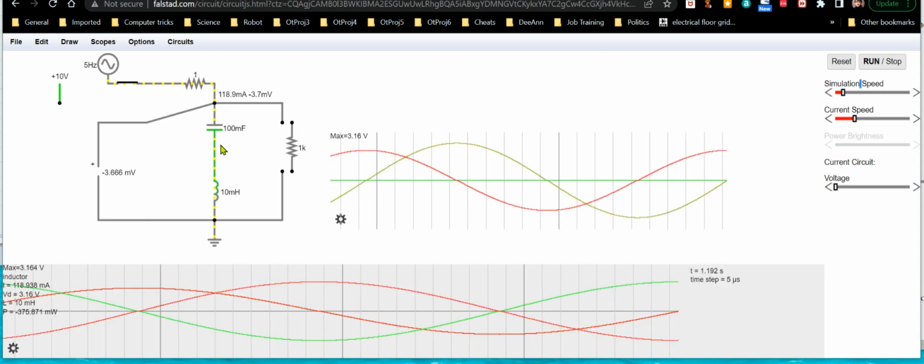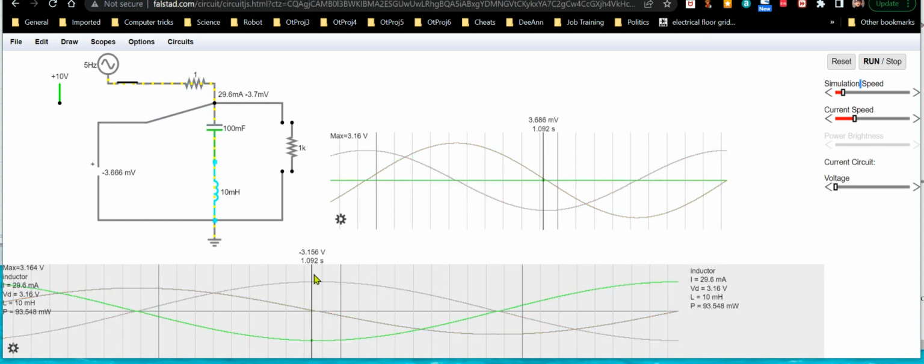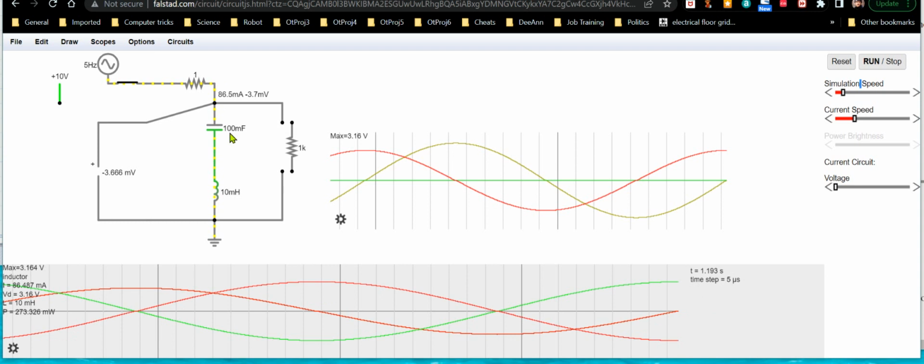Right now that resistance is 1 ohm. That's why we see a 10 amp current flowing through this. It peaks at 10 amp because that's the only thing you see, because the two reactances cancel out. So yeah, it looks the same.